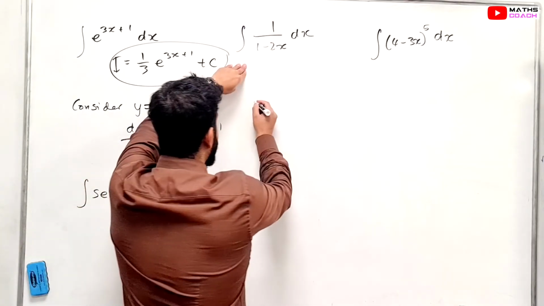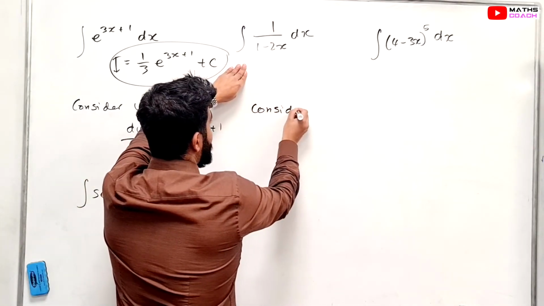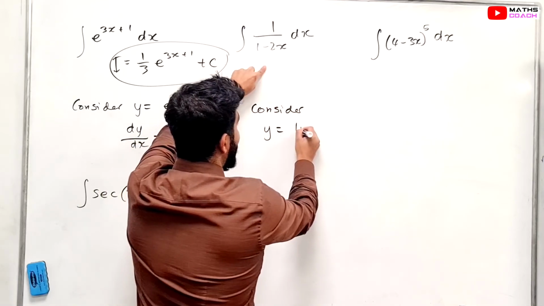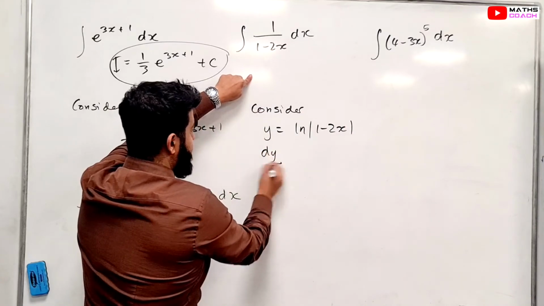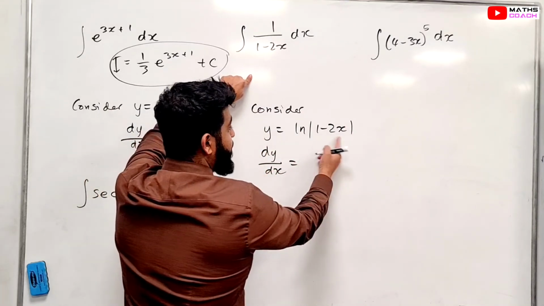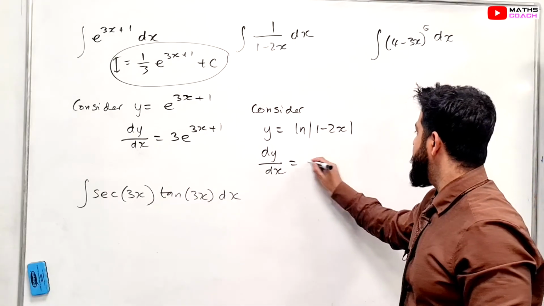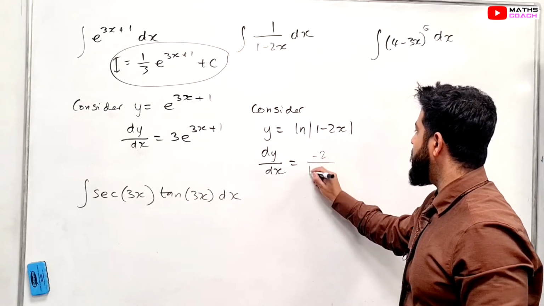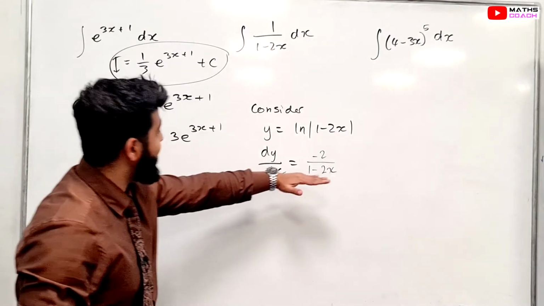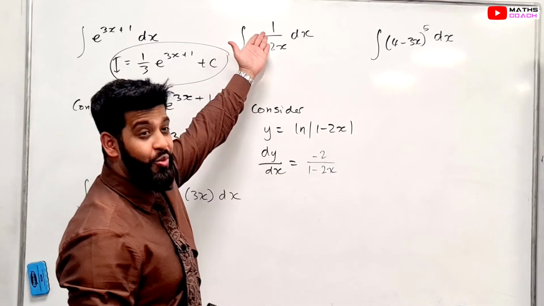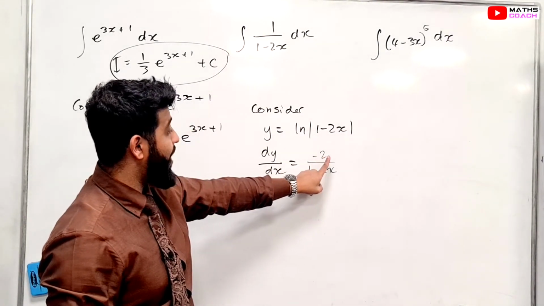So what will you consider here? Consider y is equal to ln 1 minus 2x. So dy over dx will be differentiation of that. Yeah, good. So it's minus 2 over 1 minus 2x. Yeah, so that's the differentiation. Now, if you look at this and what we have, we don't want, first of all, a 2 there.